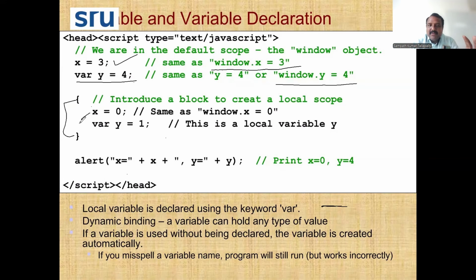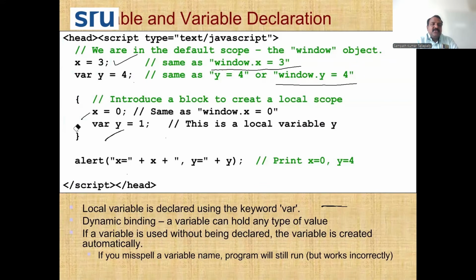This variable is different from this variable. The advantage is that whenever I want to separate variables of the same name, I just keep those instructions within the block and separate them from the rest of the execution.